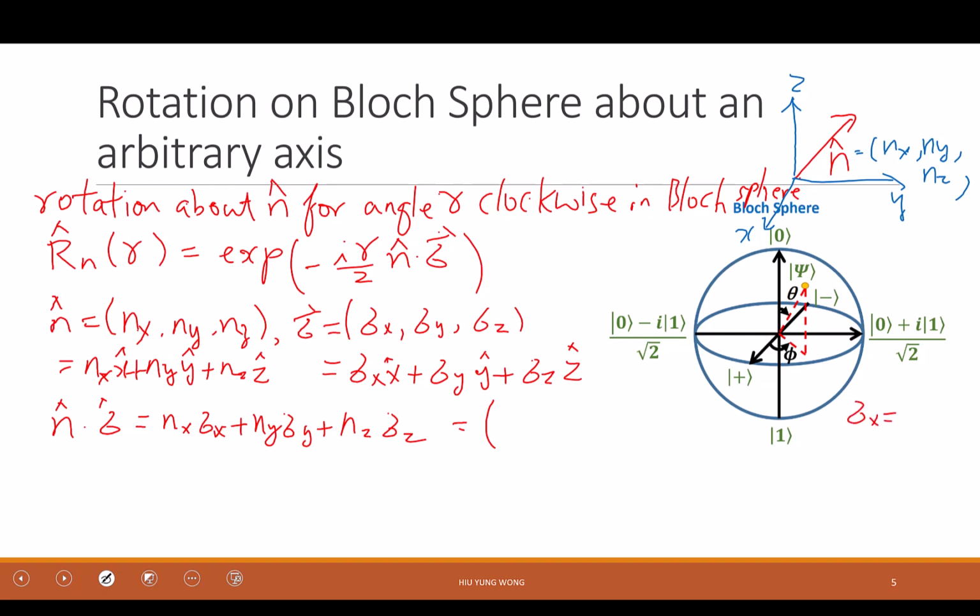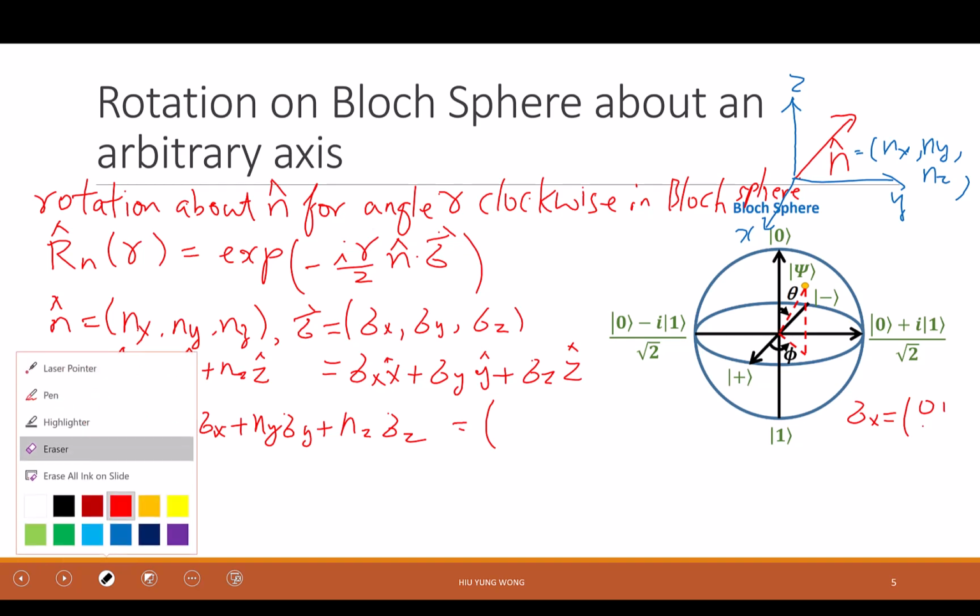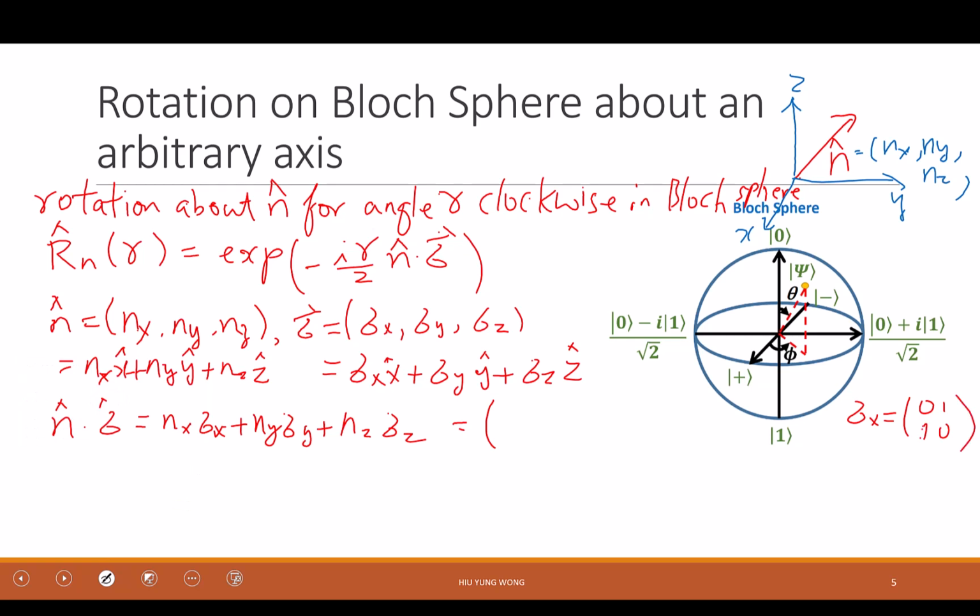Sigma x is 0, 1, 1, 0. Treat this as an exam. What is nx sigma x? It's 0, nx, nx, 0, right?